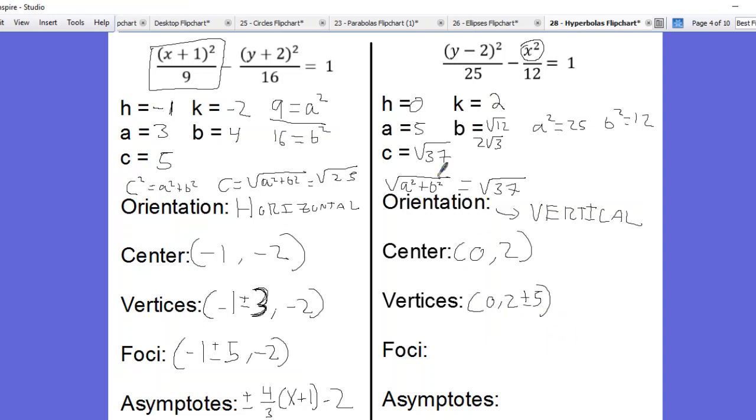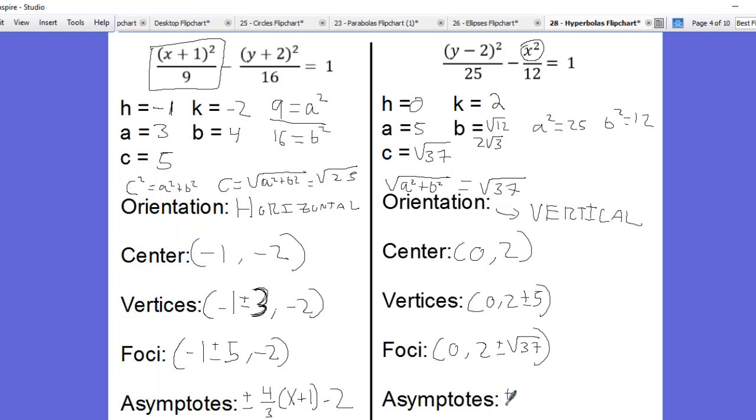Our foci, c is equal to the square root of 37. 25 plus 12 is 37. So the foci are going to be at 0, 2 plus or minus the square root of 37. And our asymptotes. Now instead of b over a, it's going to be a over b.